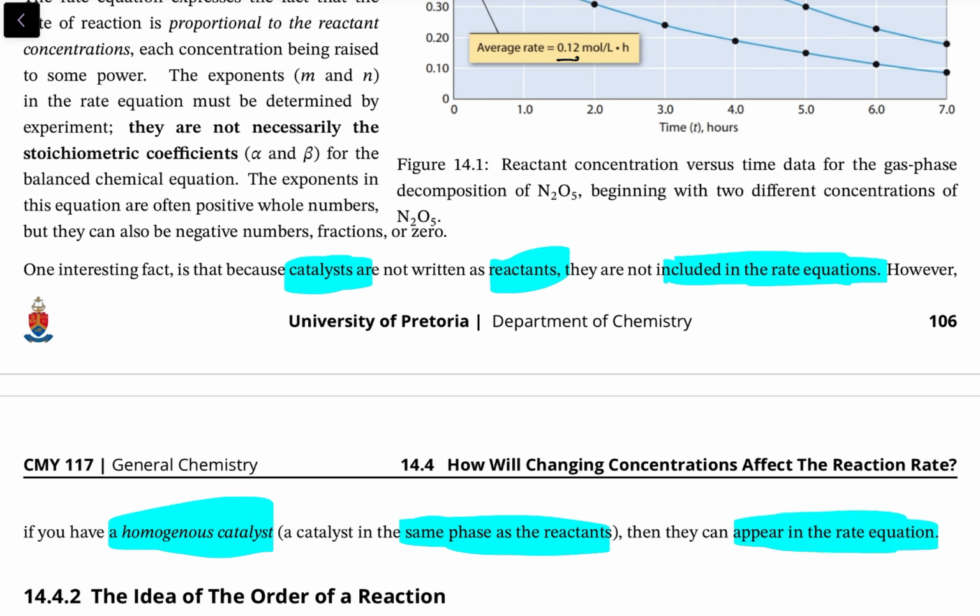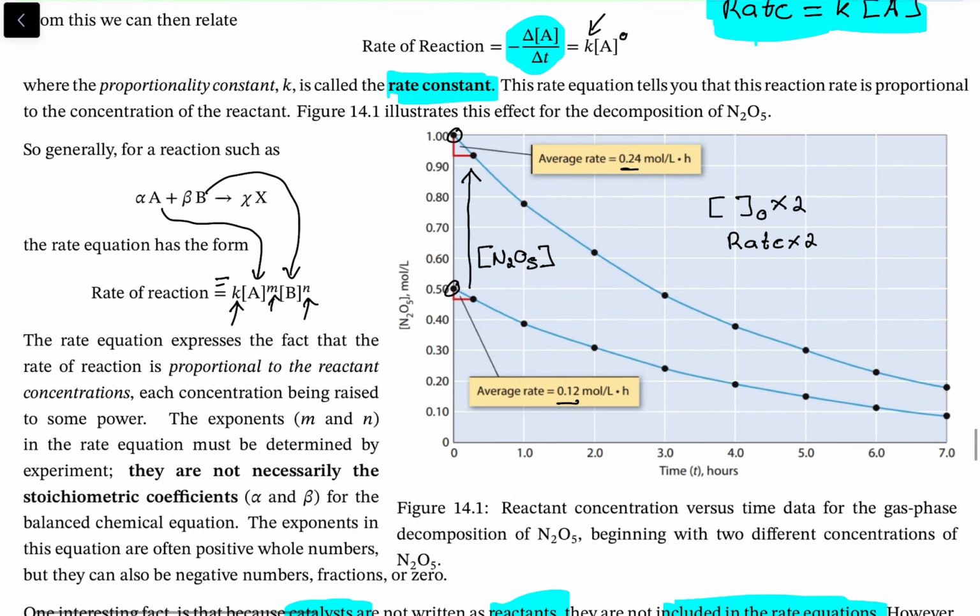But in general, we will indicate that to you if that is necessary. So you will in general know what to include in the rate equation. Like here, A plus B, then you know what must go in the rate equation. All right, that's the broad introduction to rate equations.